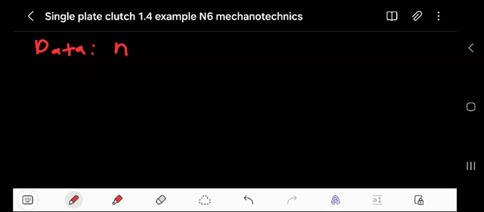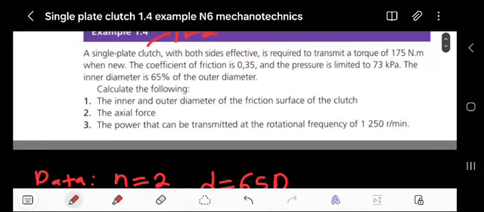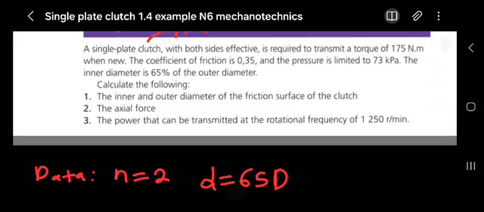Data: n will always be 2, because we are dealing with a single plate. They said the inner diameter is 75% of the outer one. This is what they mean. The inner diameter is 0.75 of the outer one, so these are the ratios they've given us.